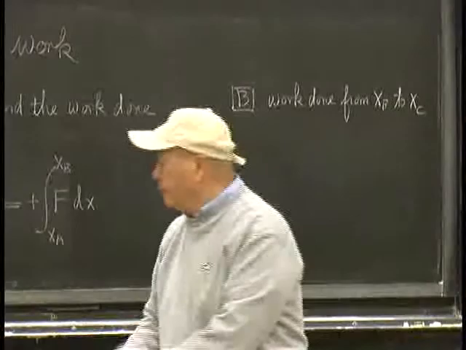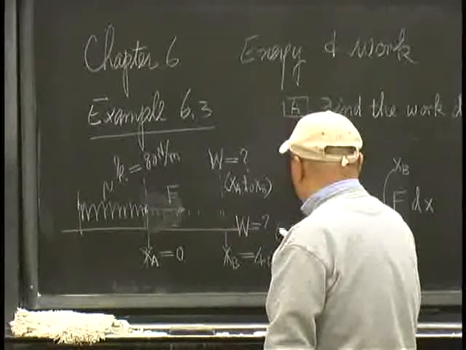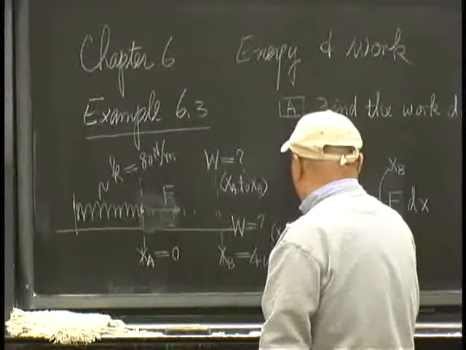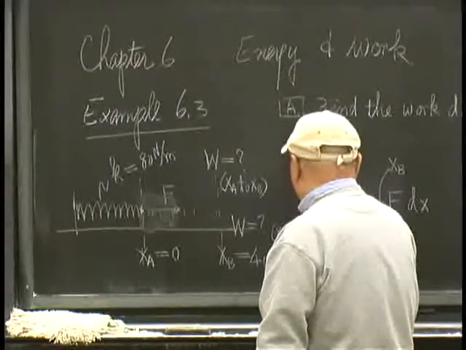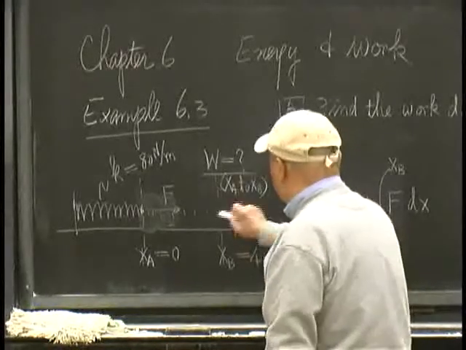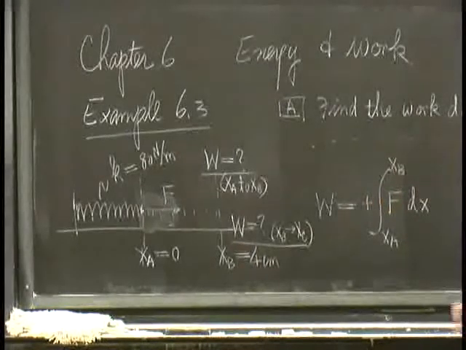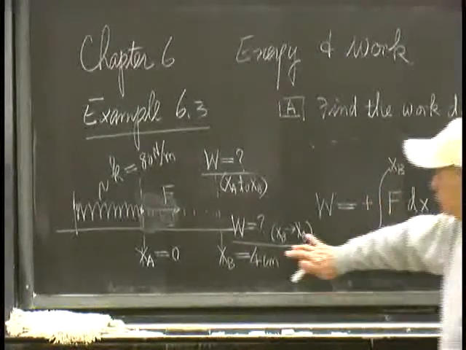So in that case, it's asking for the work from XB to XC. So these two questions you put on the diagram as well.